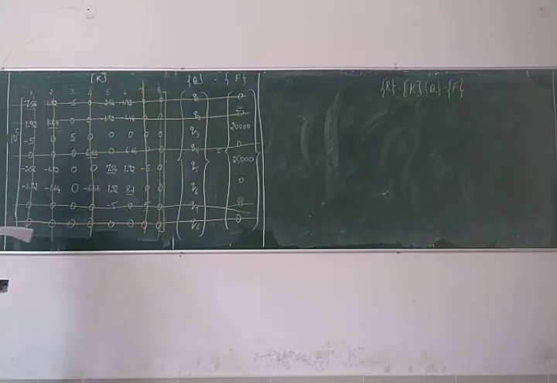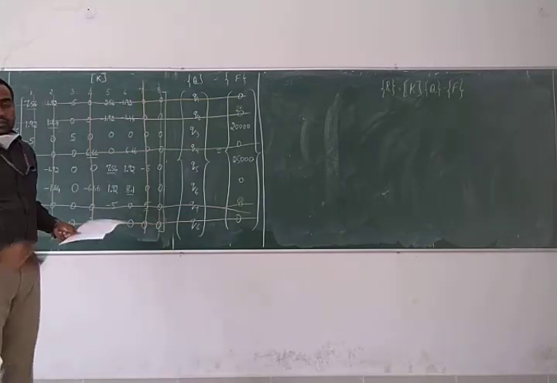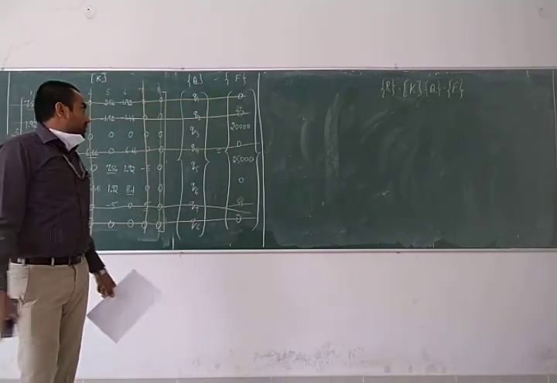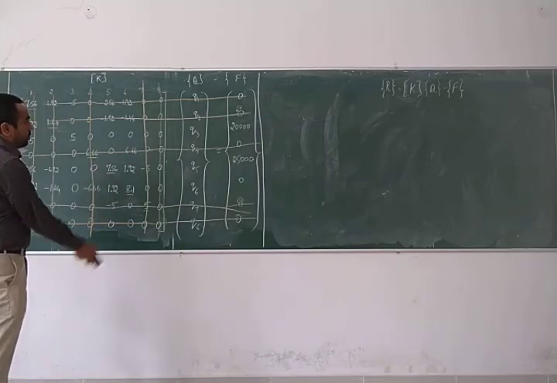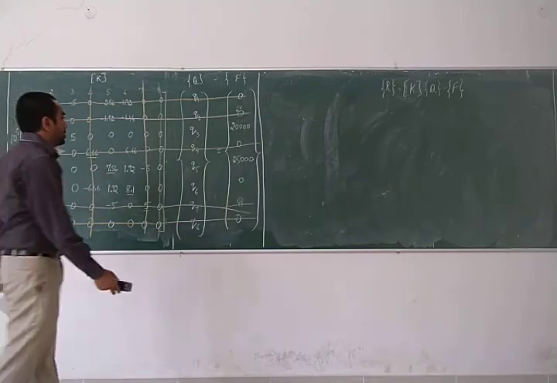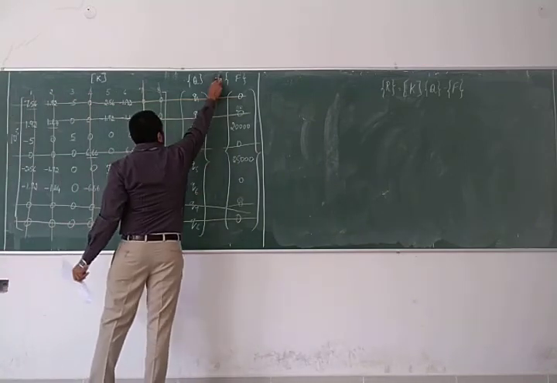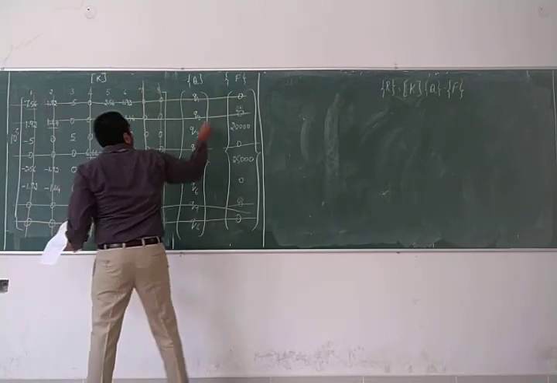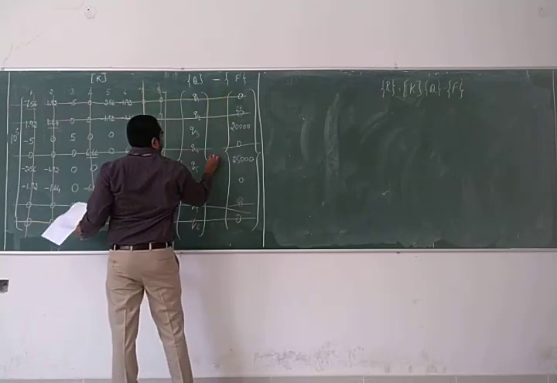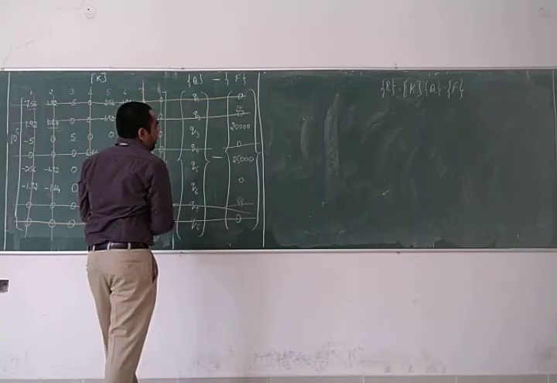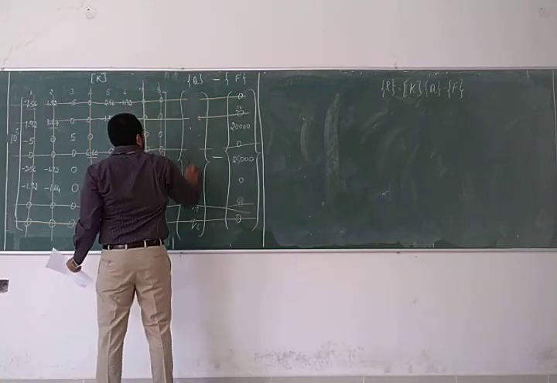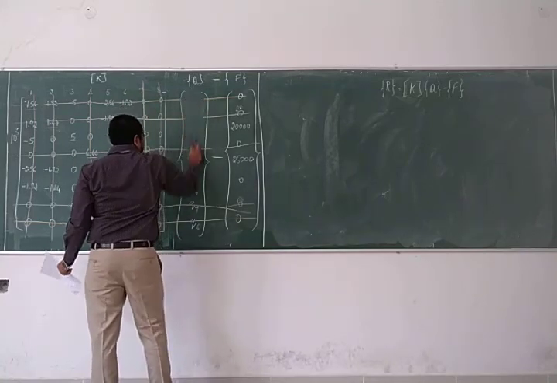So directly you need to write the global stiffness matrix, 8 cross 8 matrix, Q matrix, F matrix again. Instead of equals, it is KQ minus F. Now I know the values of Q. I can substitute the Q values here.